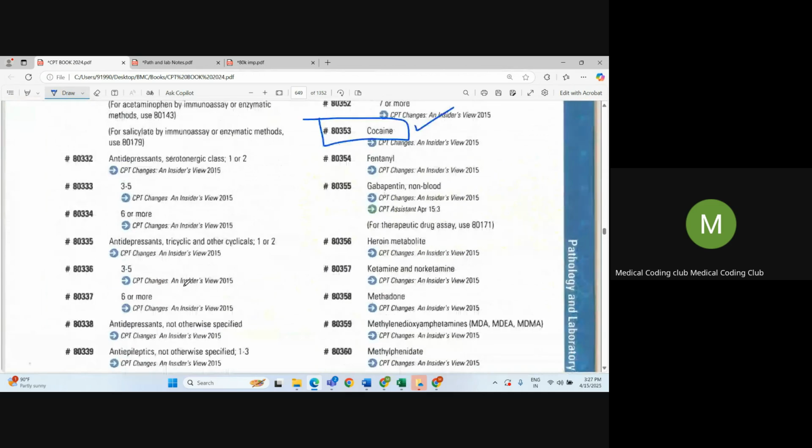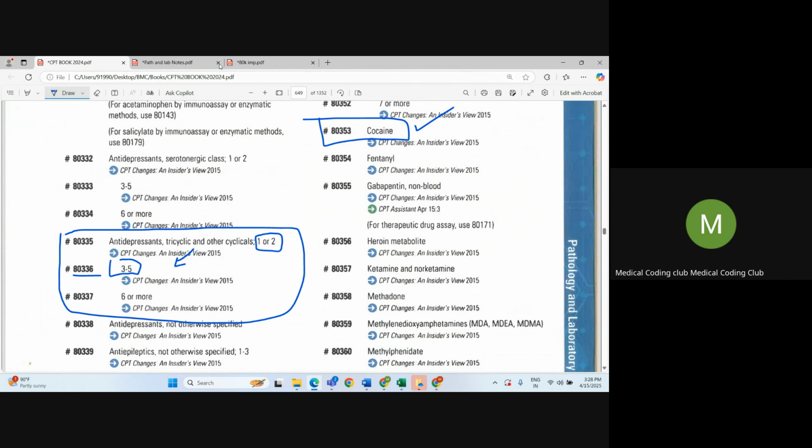So you can go ahead to definitive 80335. This is the listing that we have in the table. Firstly, 80335 is antidepressant, tricyclic and other cyclic, 1 or 2 drugs. Only 1 or 2 drugs. And 80336 includes antidepressant, tricyclic or other cyclic, 3 to 5 drugs.